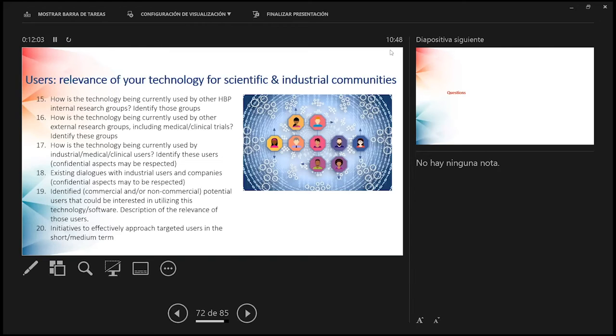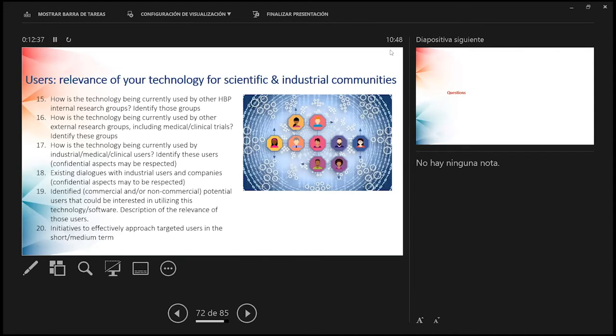If the TRL is over 4, because we are not going to make an exploitation plan this time for something that is really at TRL 1 or 2, which is basically a very preliminary idea. At this stage of HBP there is very little of this conceptual development.